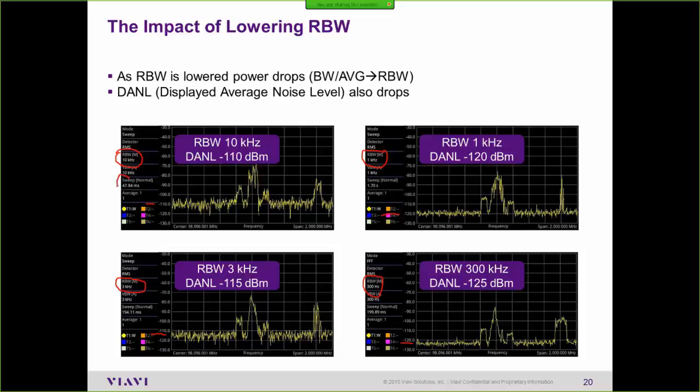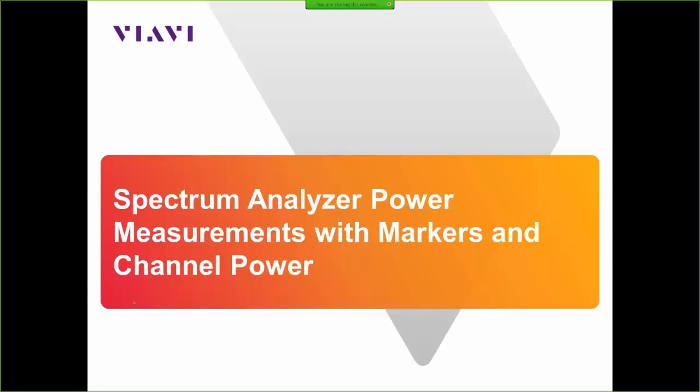So if I had this swath, you can see this green area of my signal, and I wanted to measure the amount of power in that bandwidth, I could measure every little position where the line is at 1 kilohertz.